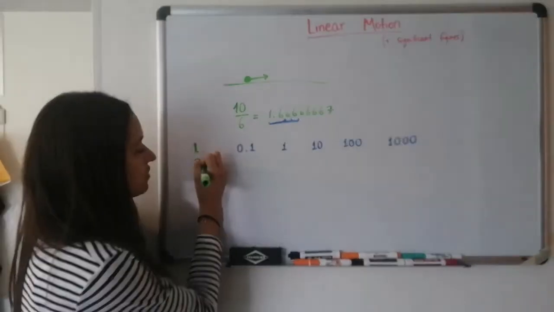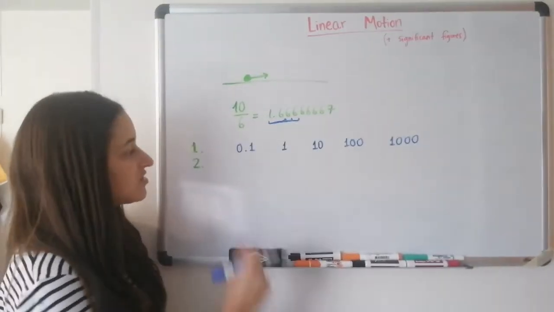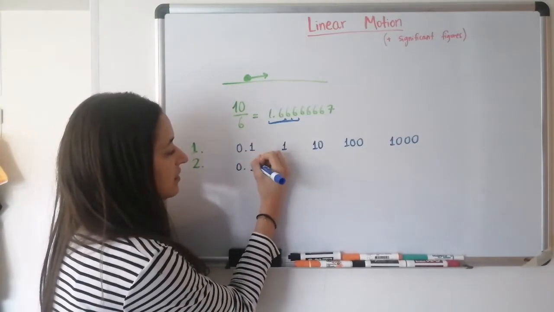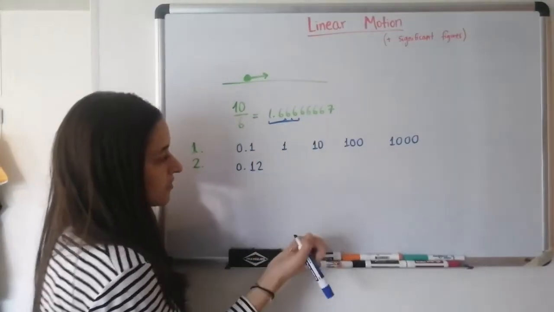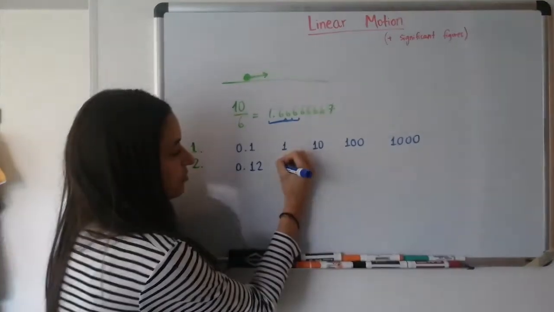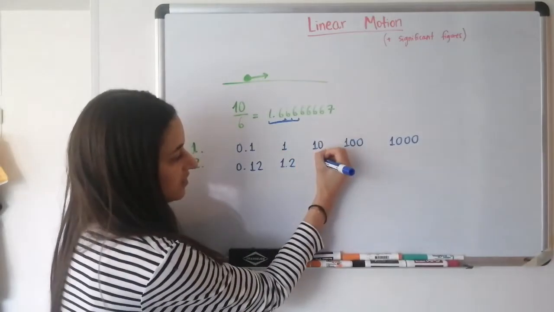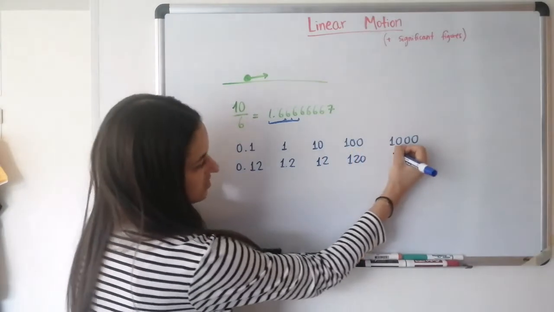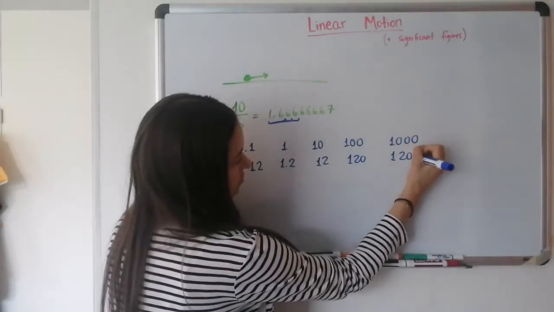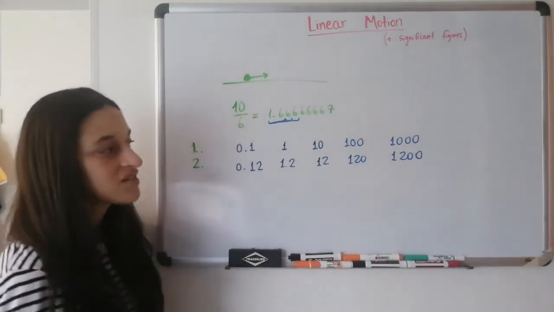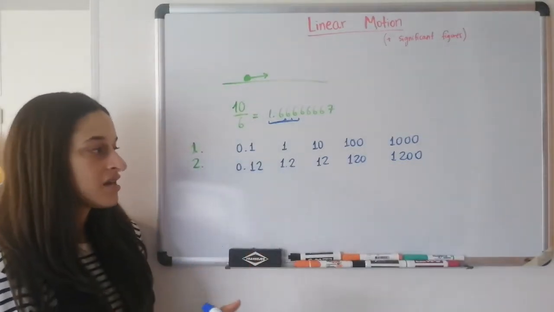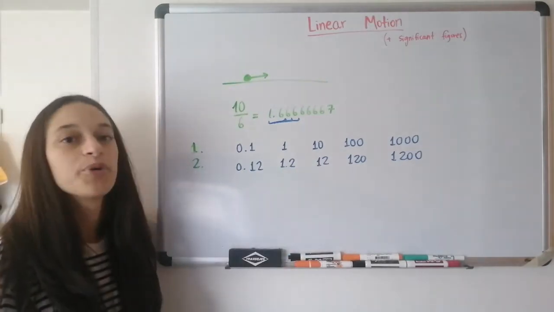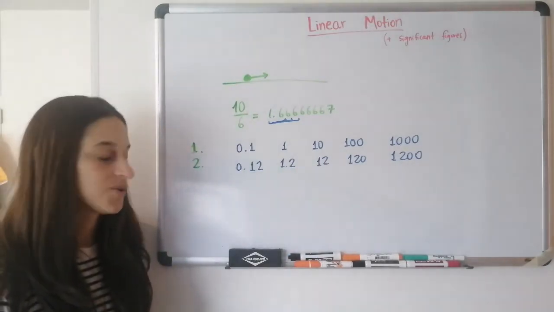Now what would two significant figures look like? Well, in this number, adding another number after the 1, maybe 1, 2. Or in this case, 1.2. In this case, that would be 12. In this case, 120. And in this case, 1,200. No matter how many zeros or how big the number is, the significant figures is how many of the figures are important, basically are different than 0.